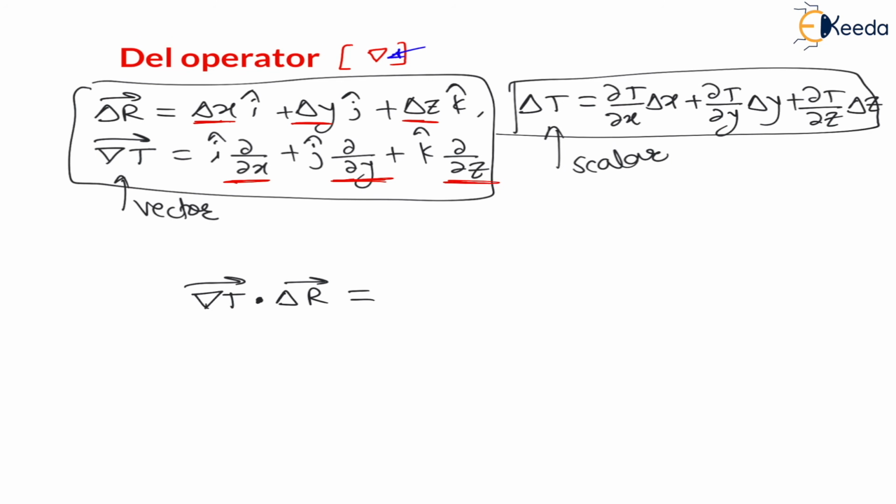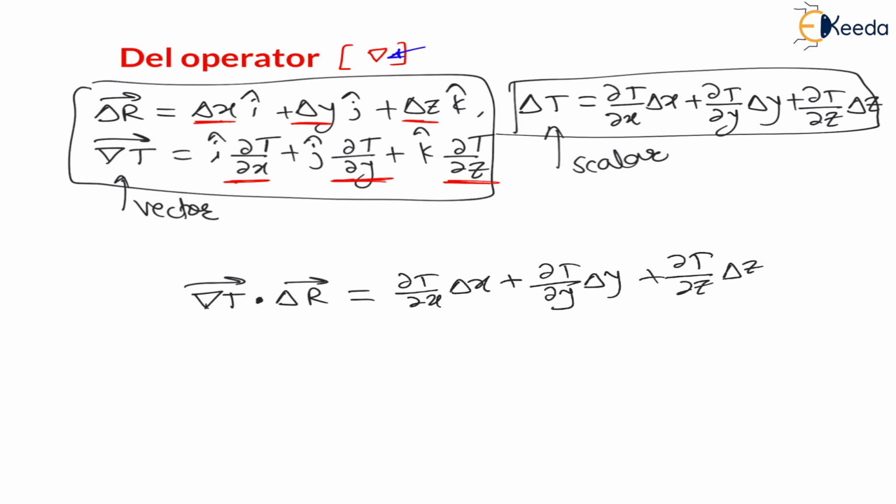Here there is a T because here we have used temperature. Therefore, it will become the product dou T by dou x del x plus dou T by dou y del y plus dou T by dou z del z, right?